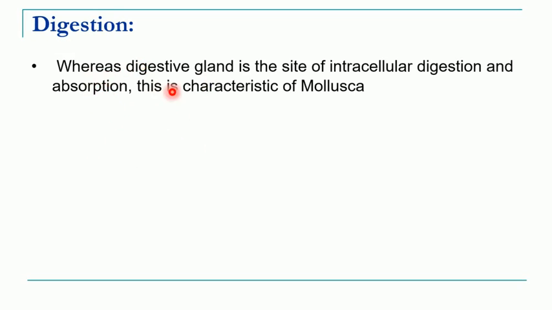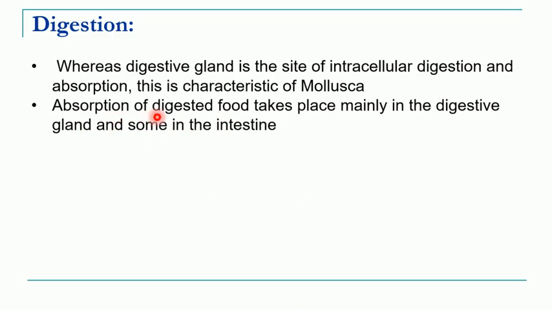This intracellular digestion, which takes place in the digestive gland, as well as the absorption taking place with the help of the digestive gland, is the characteristic of the phylum Mollusca. You don't find this in any other phylum.